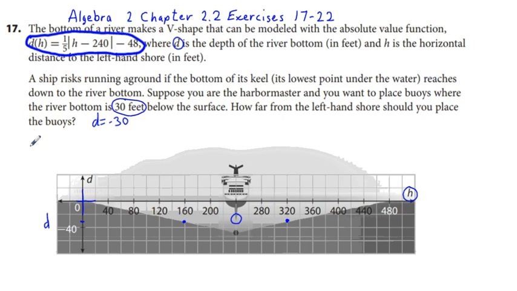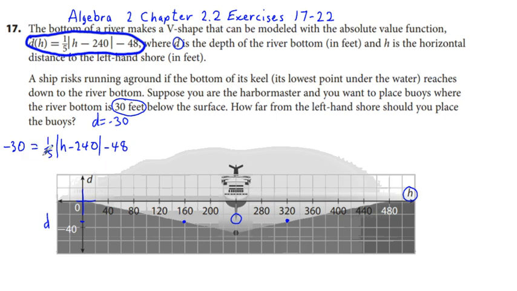So I'm going to put our first equation here, and I'm going to work with the rule we have left to right. So negative 30 equals 1/5 absolute value of quantity H minus 240 minus 48.